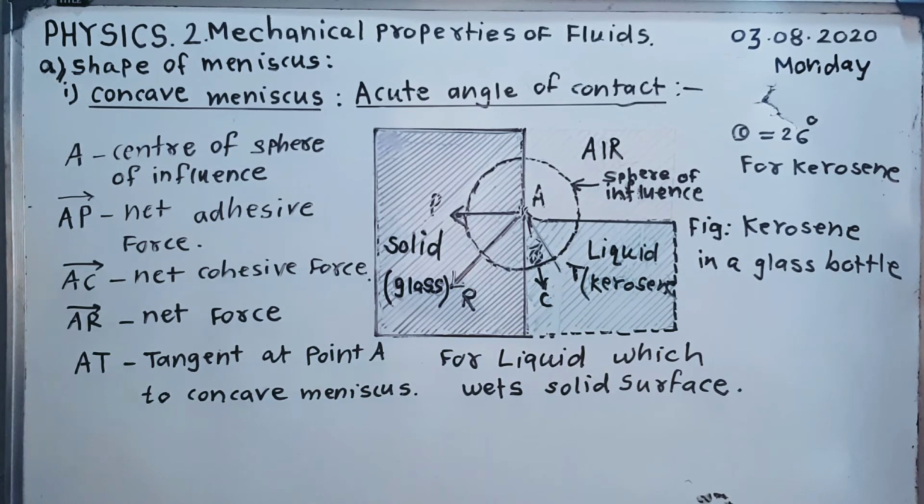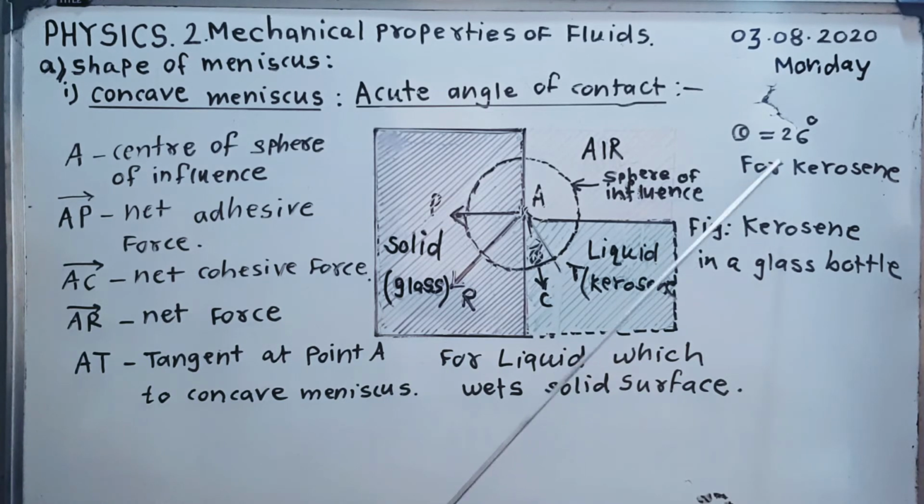Such liquids wet the solid surface. These types of liquids, kerosene or water, these are the two examples, wet the solid. Water completely wets the solid, whereas kerosene partially wets the solid. Here, this particular explanation corresponds to a concave meniscus and an acute angle, which is an angle less than 90 degrees.